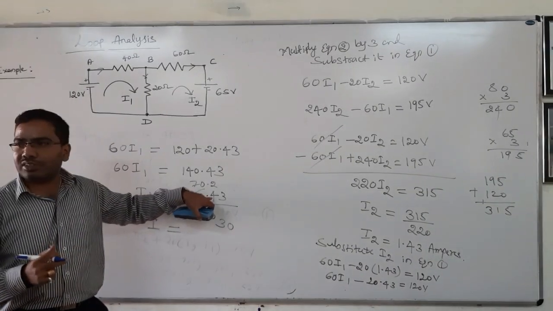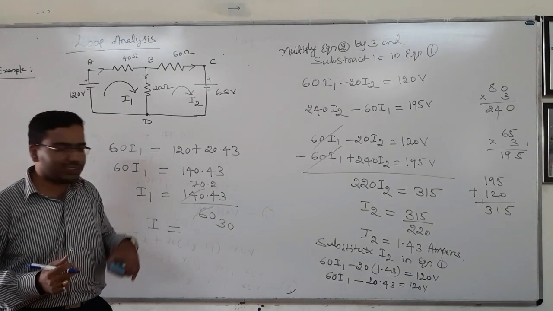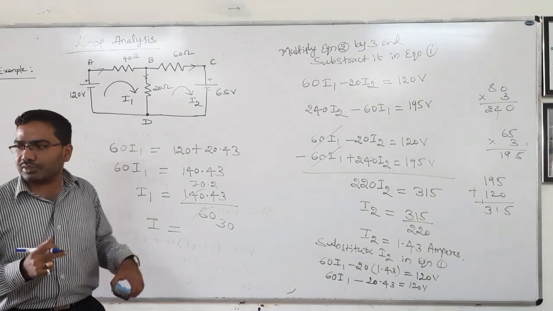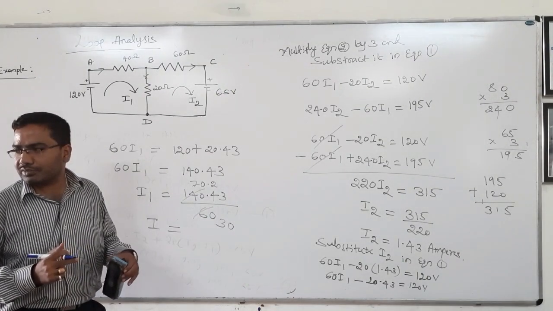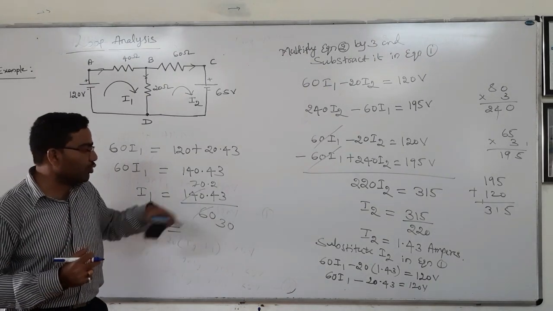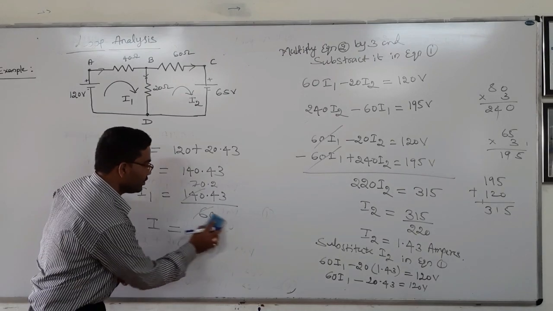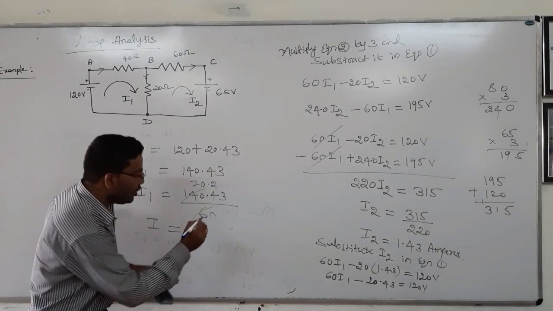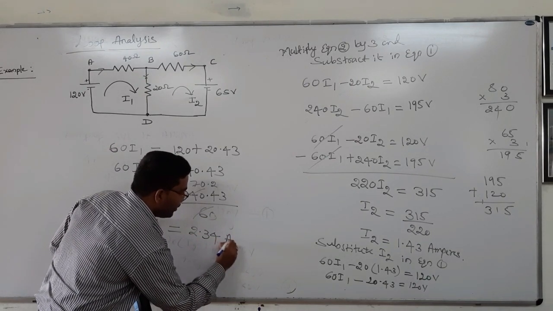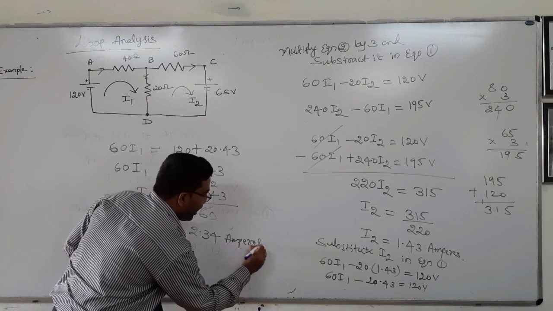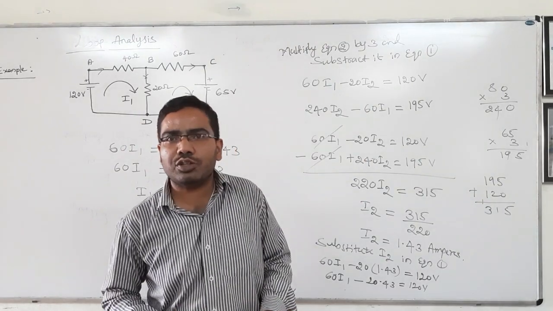So 140.43 divided by 60, you will get the value 2.34 amperes. So that is the I1 value. So this is the way to find out the I1 and I2 values. Thank you.